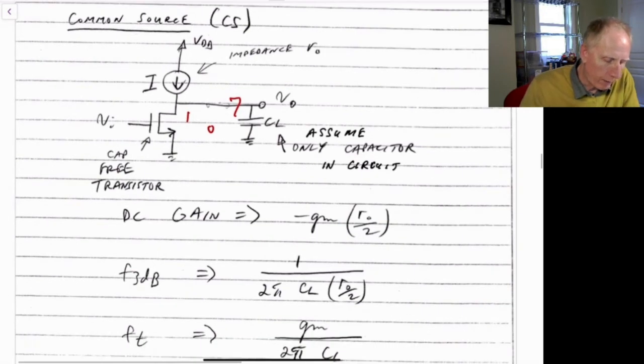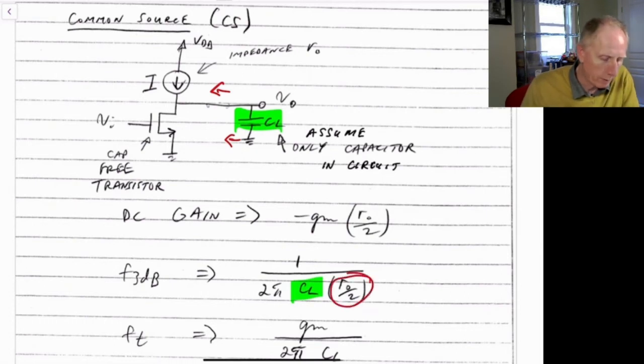We also know that our 3 dB frequency in this case will just be given by the CL capacitor here, and we find the resistance that this capacitance would see. That's just the impedance looking into the left, which will be R naught divided by 2, and back into the ground node, so it'll be R naught over 2 as well.